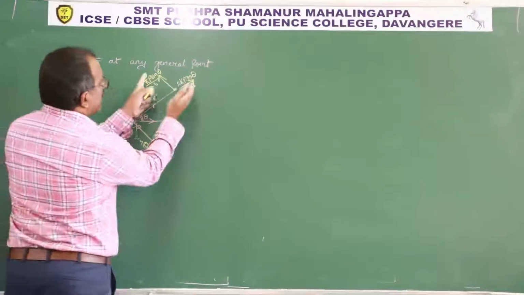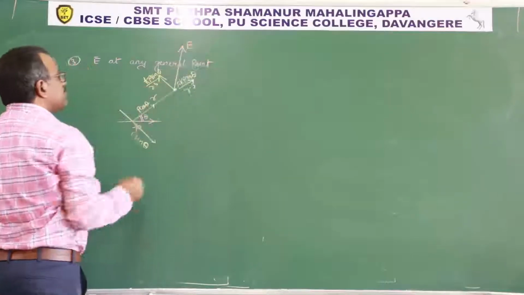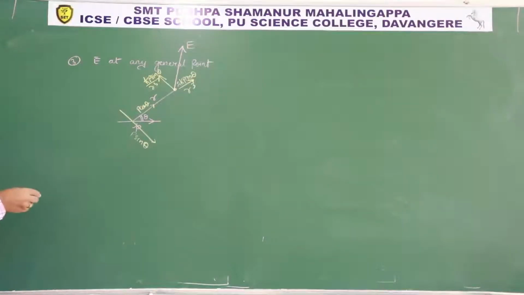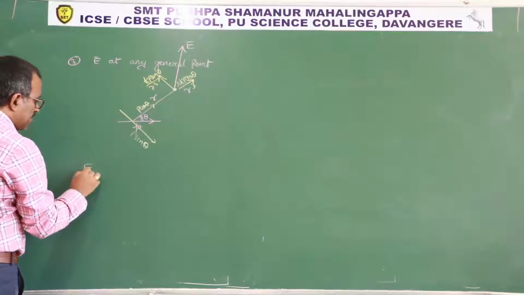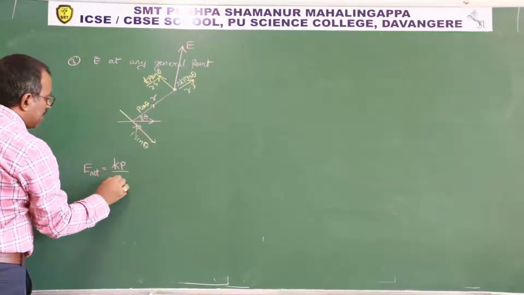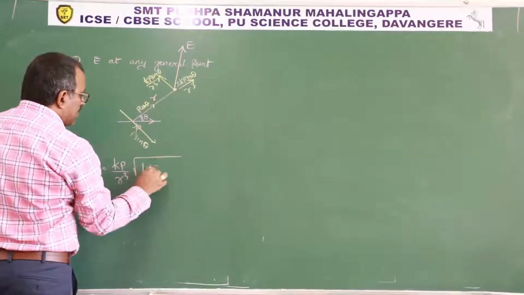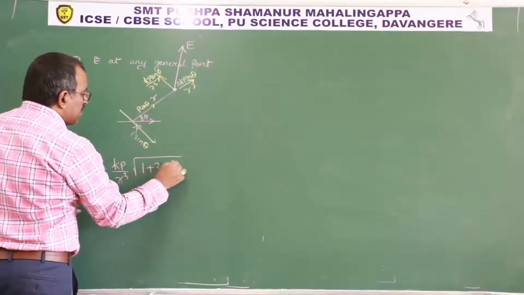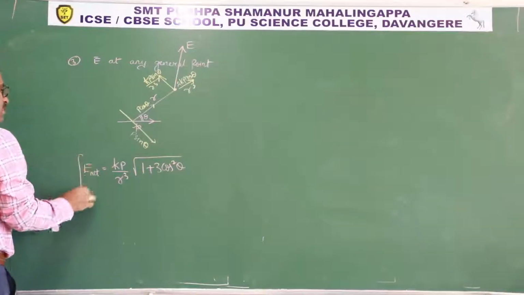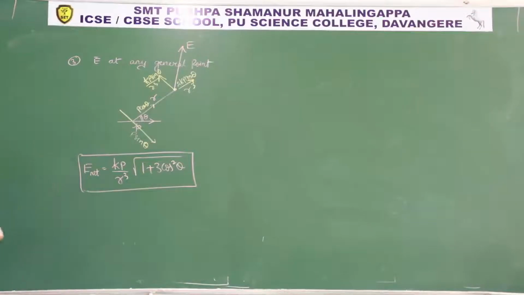Then when two vectors are there, the resultant is E. Both are already perpendicular, so E net will be kP by R cube into under root of 1 plus 3 cos square theta. This is the equation. If you want, you can solve that. That's up to you. Clear?